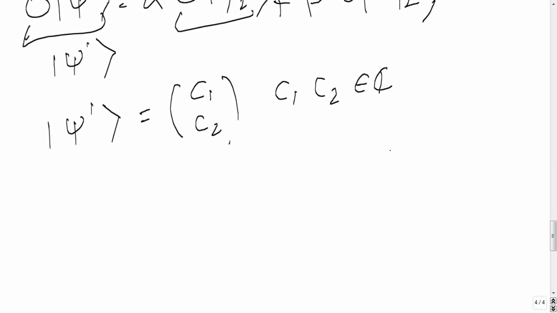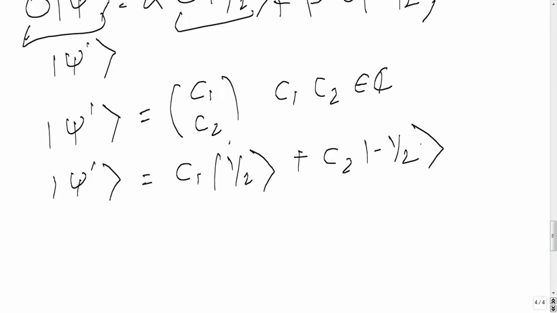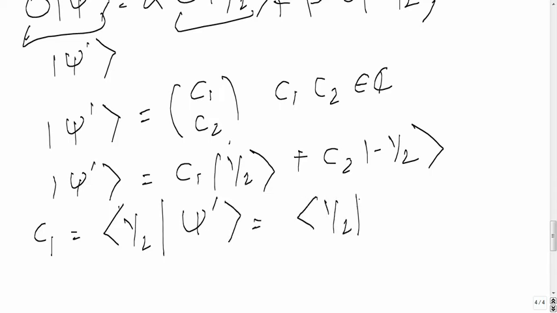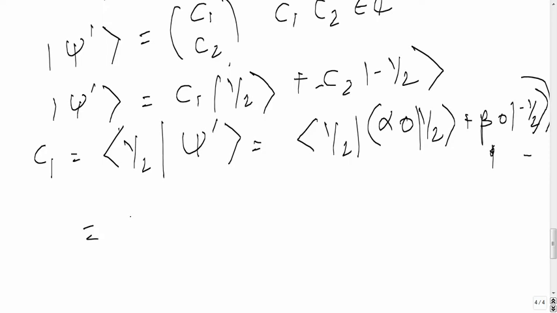This implies that psi prime can also be written as a linear combination of these two states, and this means that C1 is nothing but the inner product of this state plus half with the state psi prime, where psi prime is given like this, and alpha comes out because it's just a scalar.